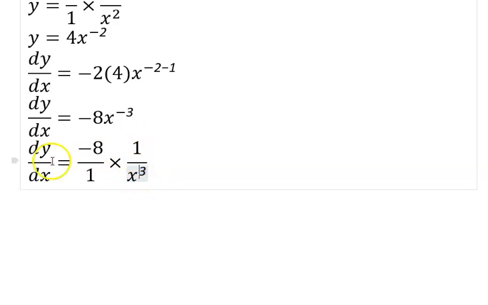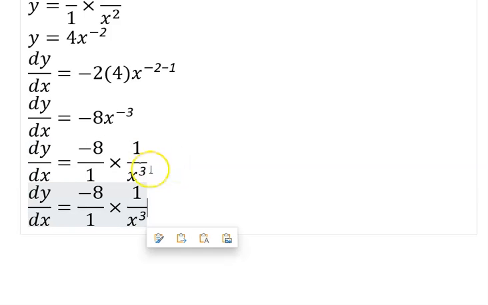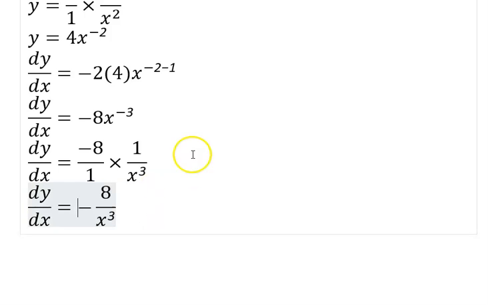So if you want to combine these two, because -8 times 1 will give you -8, and 1 times x raised to the power 3, you can have your answer like this.